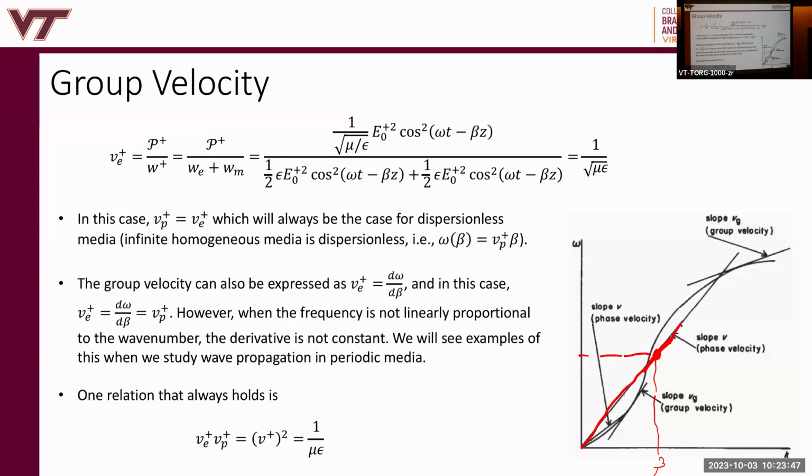So the slope always gives you the group velocity at any given point, the slope of the tangent line to that curve at that point. And the point itself will give you beta, because that's what this plot is, right?